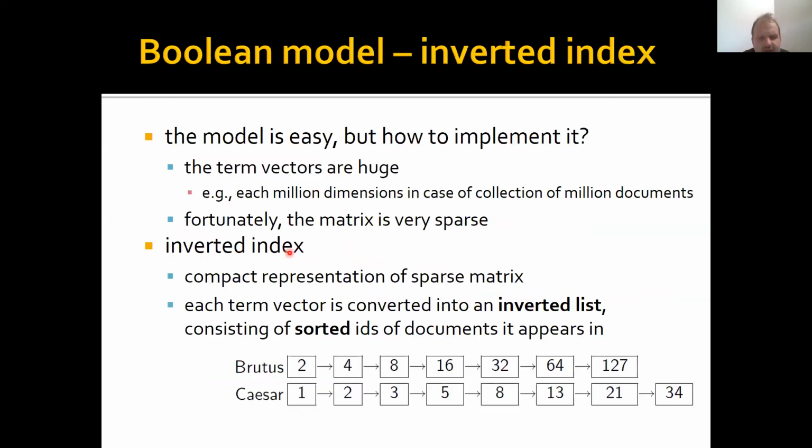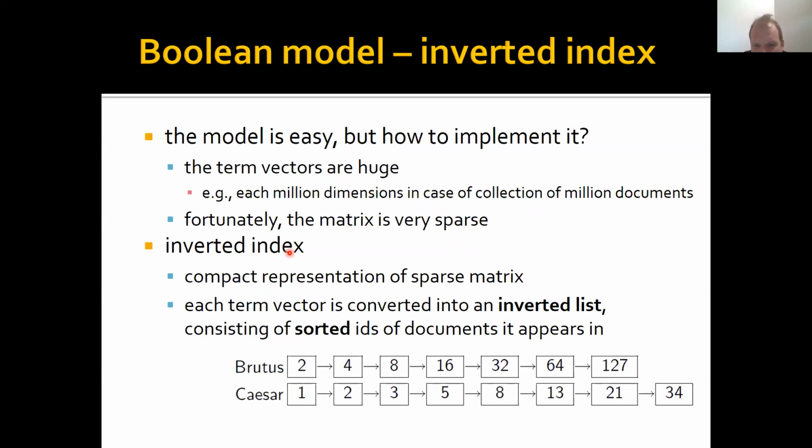Inverted index is a compact representation of the sparse matrix based on representing the term vectors not as binary vectors, but as an inverted list. Instead of representing ones and zeros on the particular positions that belong to particular documents, we only store the identifiers of documents that actually contain the term.